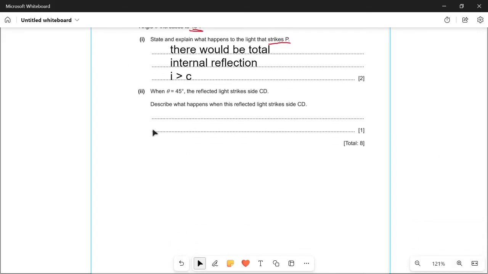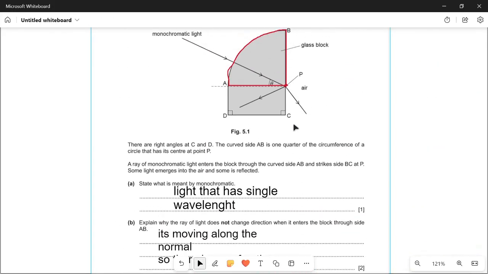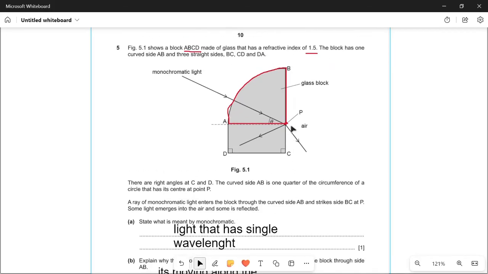When theta equals 45 degrees, the reflected light hits side CD. Describe what happens when this reflected light strikes side CD. So let's go back to the diagram. So we can see that the reflected light hits side CD. So if it hits side CD, this is going to act like a mirror, and it's going to be reflected.